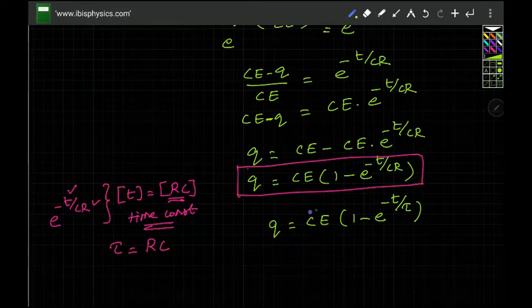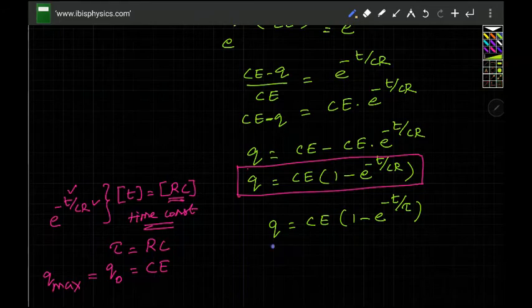So this term could be called the total charge that can be built on the capacitance. This C into the total potential applied, or the EMF applied, is called the maximum charge, Q maximum, which on the capacitance is called Q naught. That Q naught is equal to Ce.